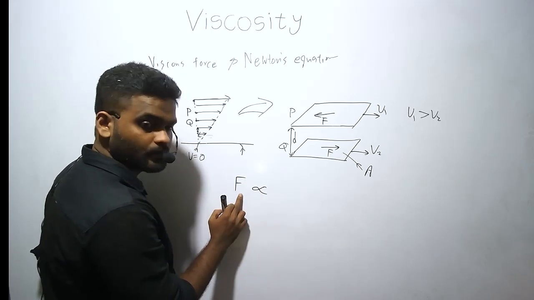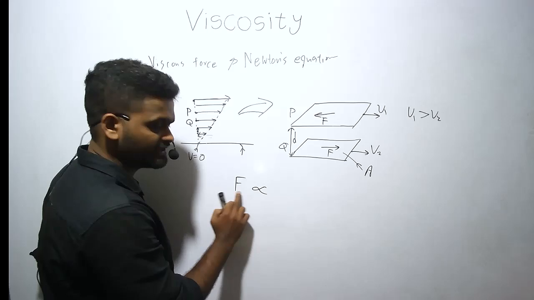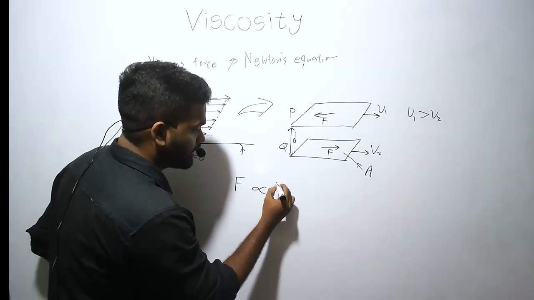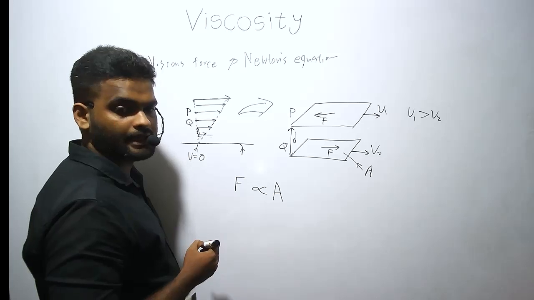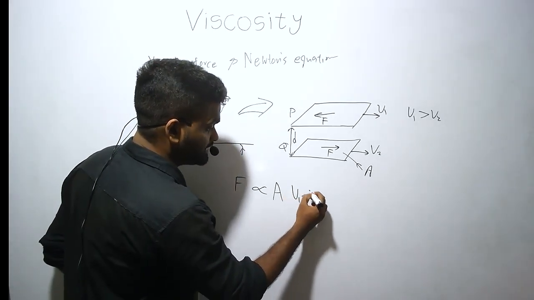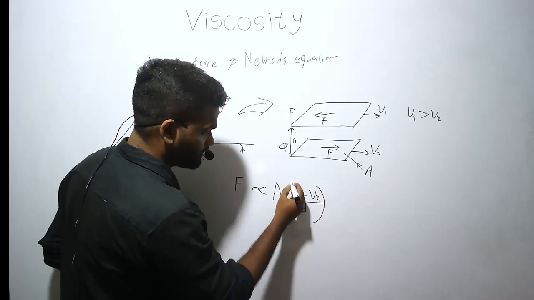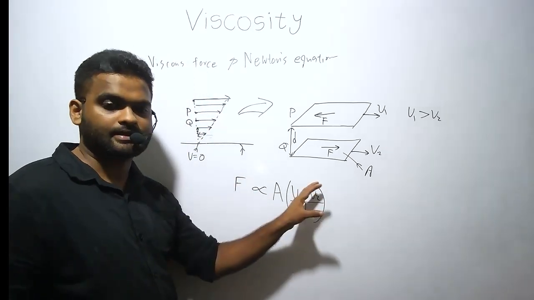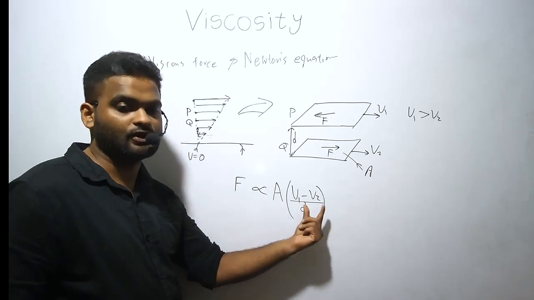Viscous force is proportional, not equal, to what? Common area A. What is the other one? Velocity gradient. So that is what Newton says. Common area and velocity gradient.